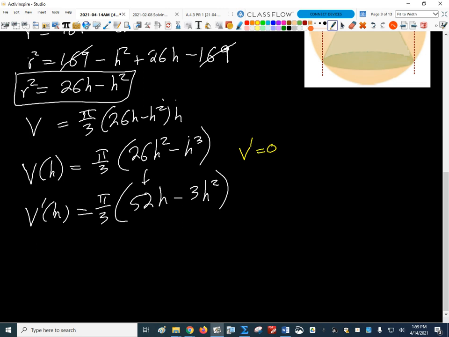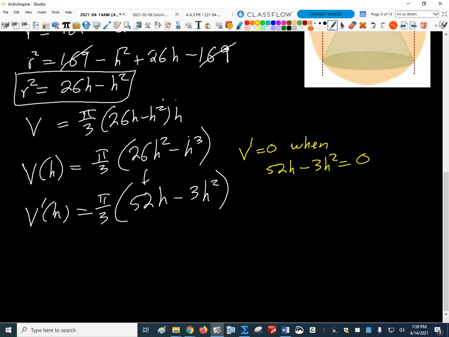And so V prime is going to equal 0 when this term in here is equal to 0, right? This factor is equal to 0. So when 52h minus 3h squared equals 0, we can factor that.